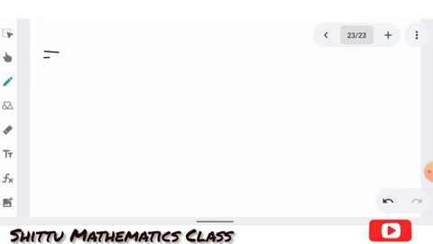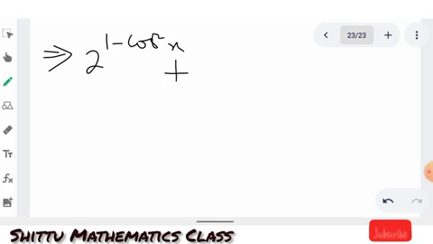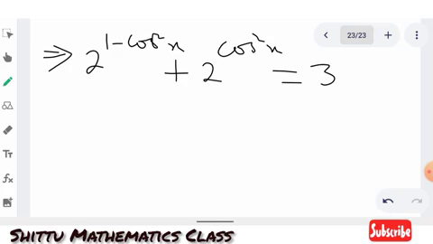We are going to have 2 to the power of bracket 1 minus cos square x, plus 2 to power cos square x equals 3. The idea is that we want to change the entire equation to be in terms of cos square x. If we pick the other one, sine square x, we will turn everything to the family of sine square x. So we are good to go.